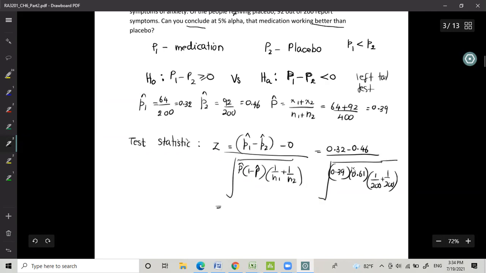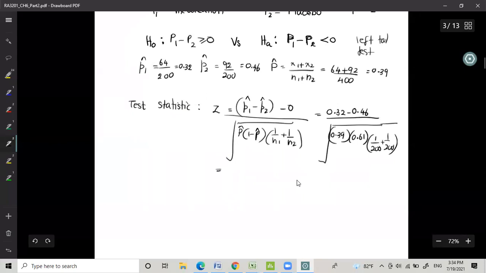If you do that, your answer will be negative 2.869, right? So that is our test statistic.